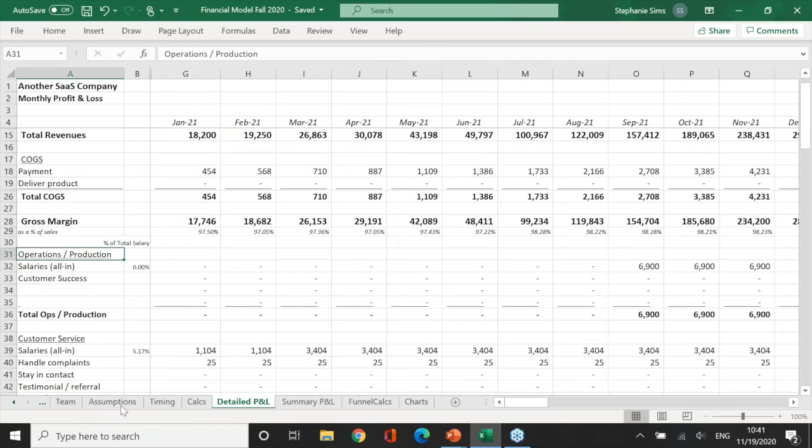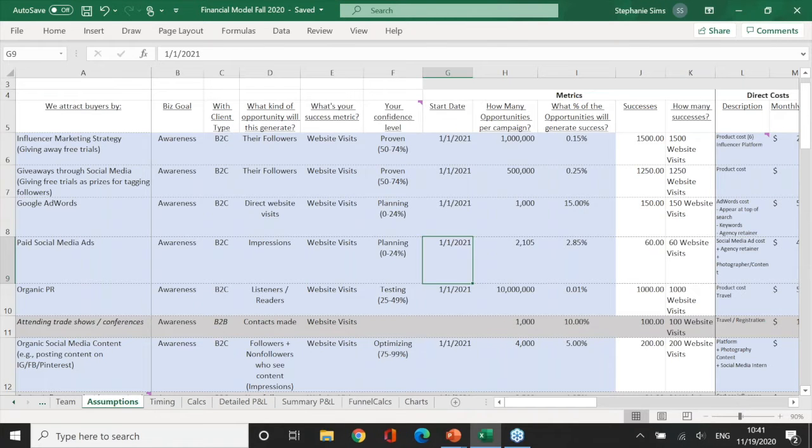I would encourage you to keep it separate so that if you do decide to shift that from, you know, January to April, it's an easy change like that, and you don't have to change it across all the cells in your model. So those are some of the ways that I would keep your assumptions separate.